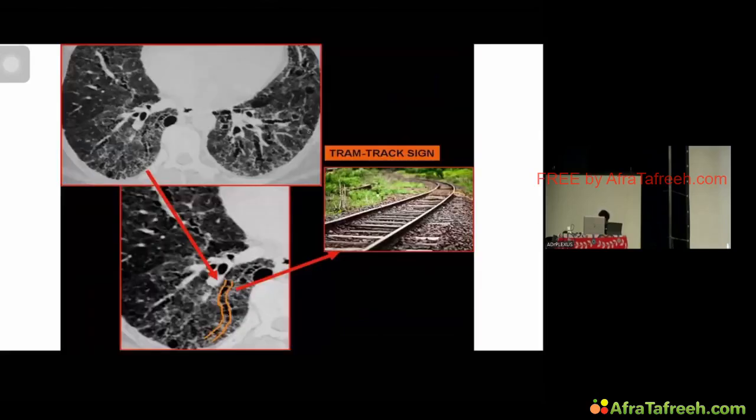Then what you are going to get? Tram track sign. What are the other tram tracks you can get in medicine? Ankylosing spondylitis, glomerulonephritis, MPGN type 2, Sturge-Weber syndrome in brain.